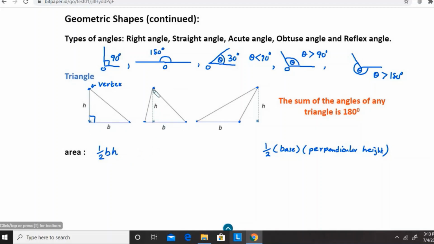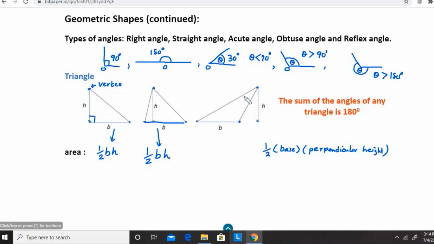Again, if you have a triangle like this, identify the base, that is this one, and the vertical height is this height. So for this triangle, the expression would be the same, 1/2 b times h.